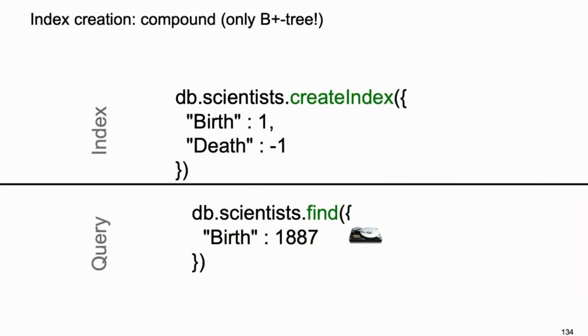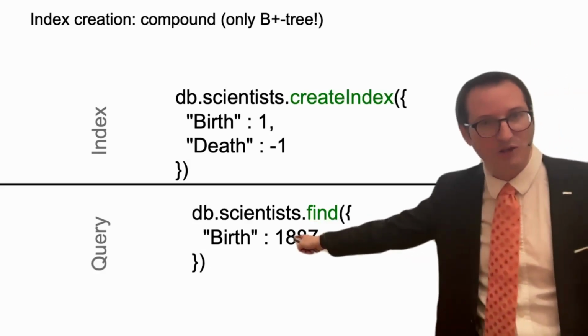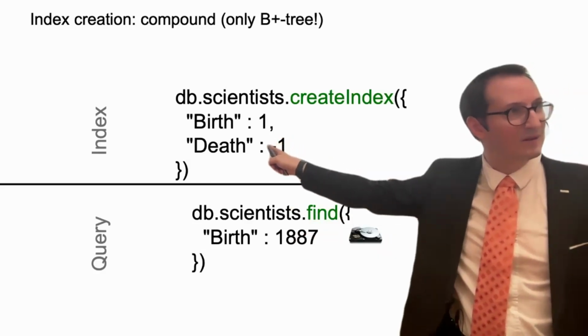Who sees that? Who sees that this is because it's a range. It's the range of all the birth year combinations between the birth and the earliest possible death date and the same birth and the latest possible death date. It's actually a range. Who sees that this is a range compared to this, right?